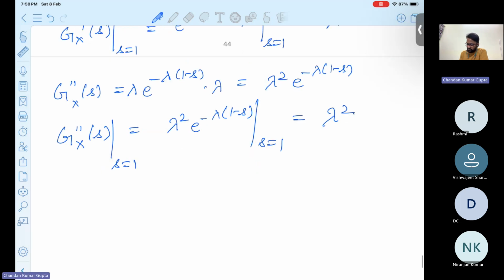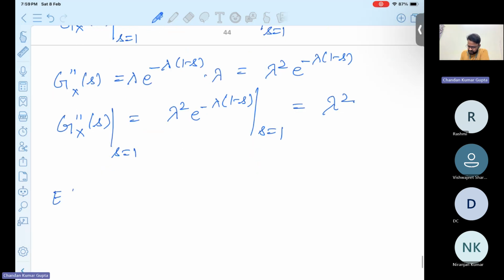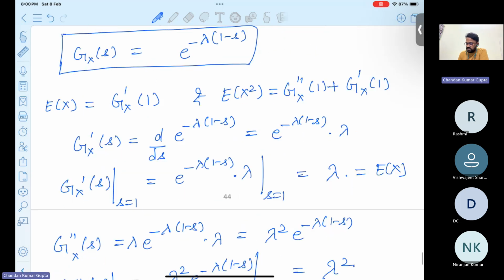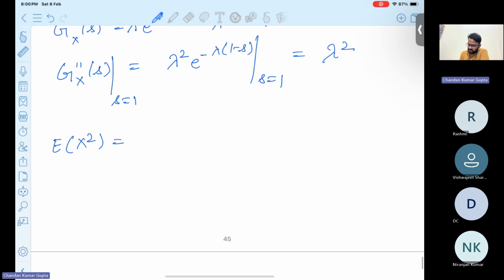So expectation of X square is G double prime plus G prime, which is lambda square plus lambda.